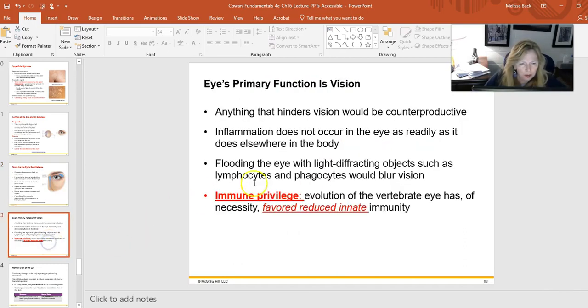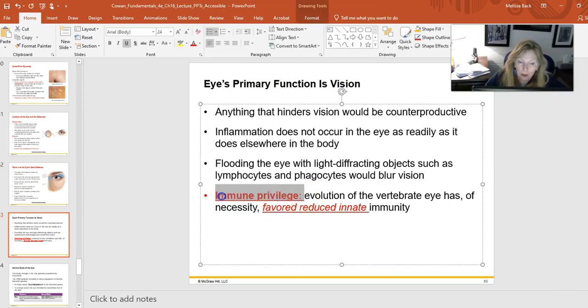They're so protected that they have what's called immune privilege. You should know what that means. It sounds counterintuitive, but immune privilege means that for your eyes and your central nervous system, your brain and spinal cord, it actually favors reduced immunity. Why would that be?